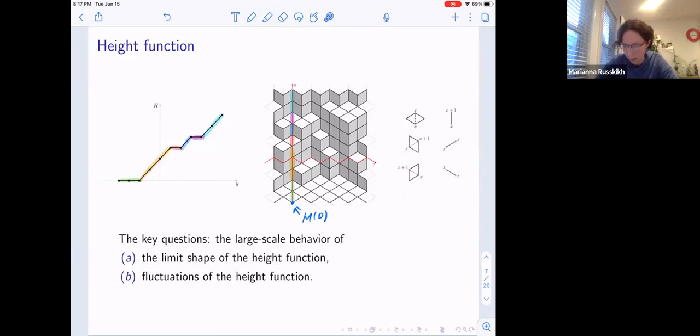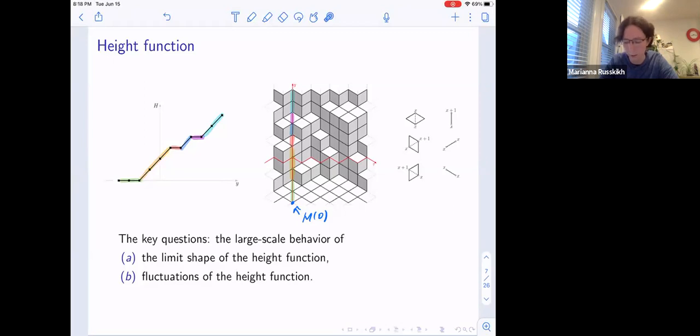Note that the height function is uniquely defined by this local relation up to an additive constant, so we fix it at some point. So there is a bijection between height functions which satisfy these local relations and Lozenge configurations. If we want to think about Lozenge configurations with some fixed boundary conditions, then we should also fix some boundary conditions for the height function.